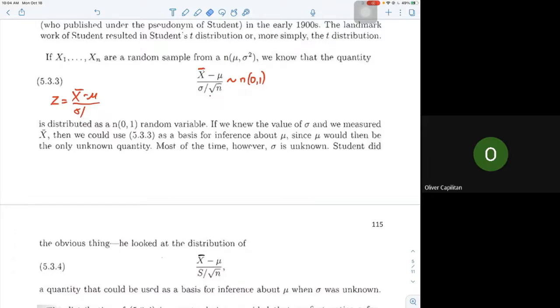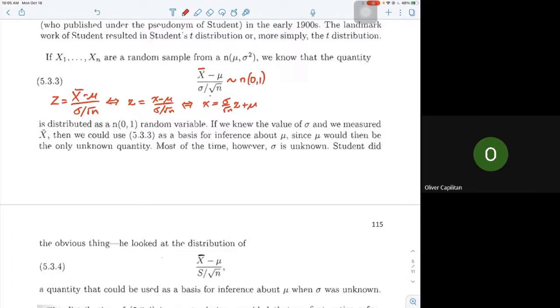Okay, so over square root. Oh no. So if we're going to use the small z here, then we have x minus mu over sigma over square root of n. And then this would imply, if and only if, we have x equals sigma over square root of n times z, plus mu.